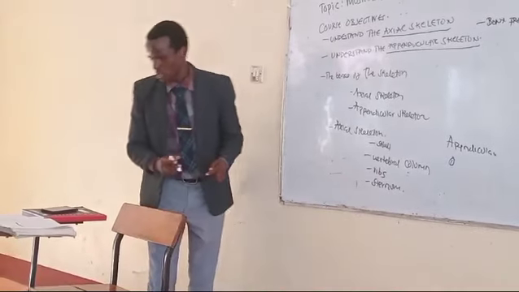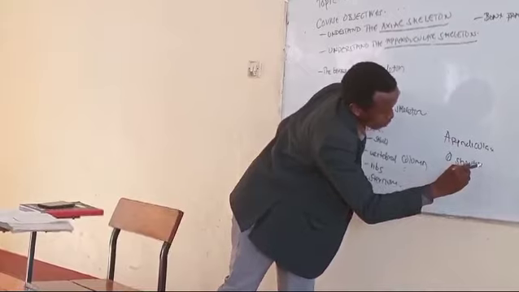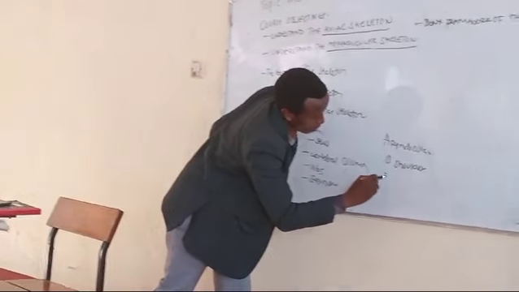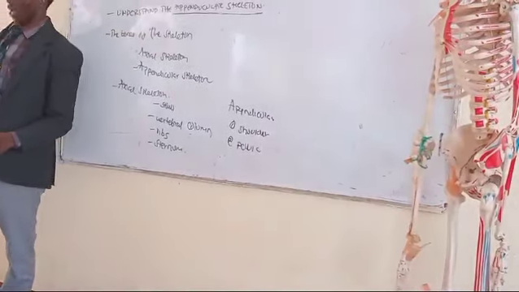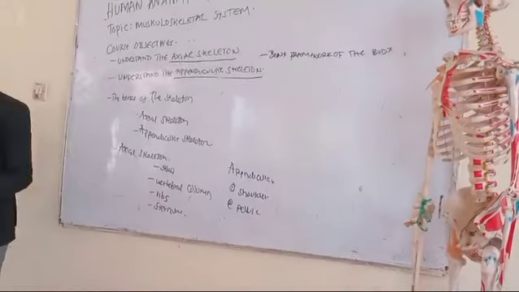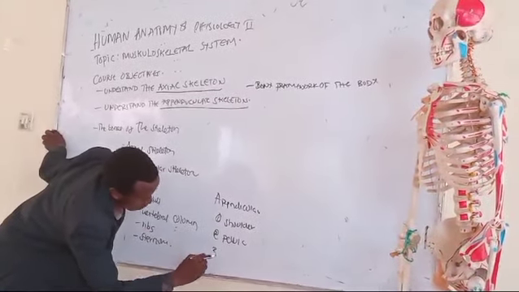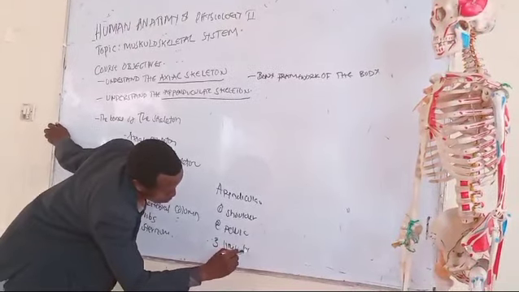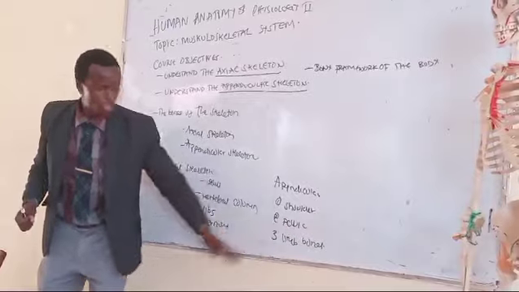So we have the shoulder, we have the pelvic girdle, and the limb bones.